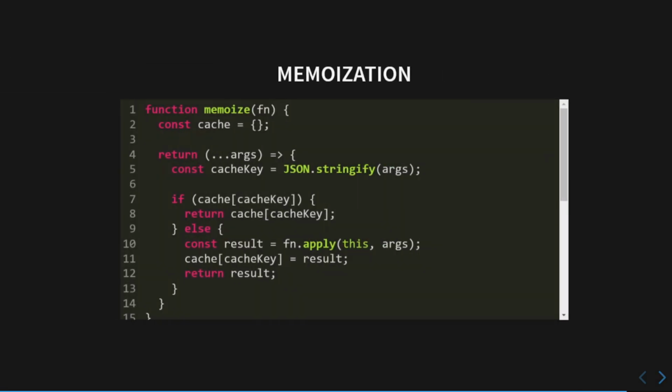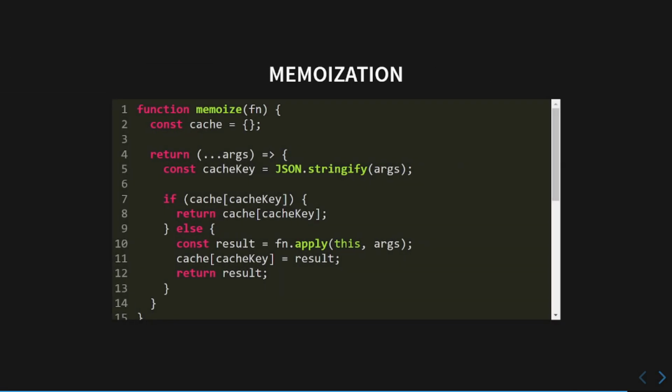So I have a little example here of a function called memoize, and this is a higher order function that takes a function, creates a cache object, and then returns another function. Now this ...args, that's just saying create an array of the arguments. And then we convert that array into a string, and we use that as the key in the cache.